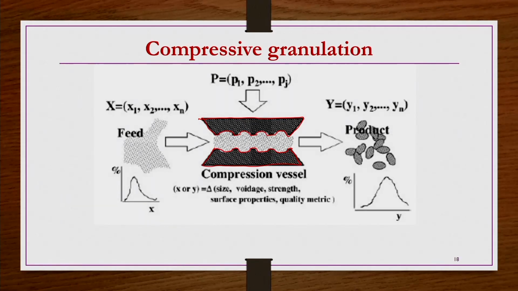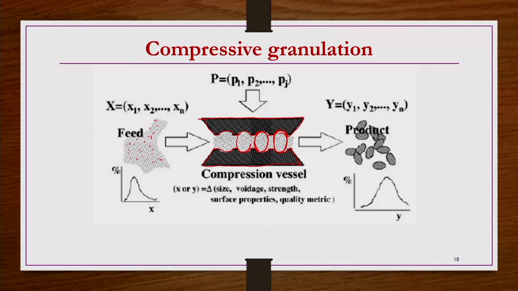So, the fine feed particles, very small size particles, by themselves without any addition, may be taken inside this compressive device, and then you apply compressive forces so that they come together and form a product like a tablet of this shape, whatever shapes we have. These kinds of shaped tablets we may get in general.